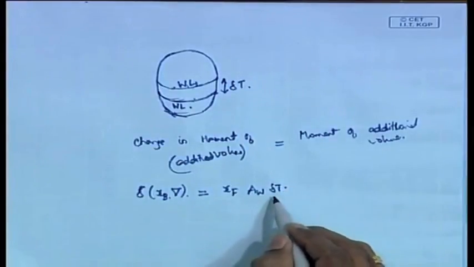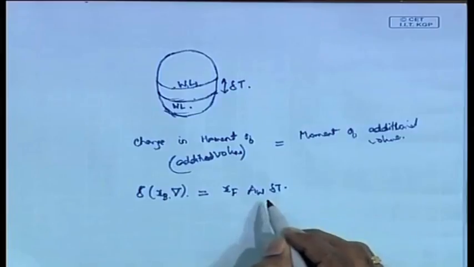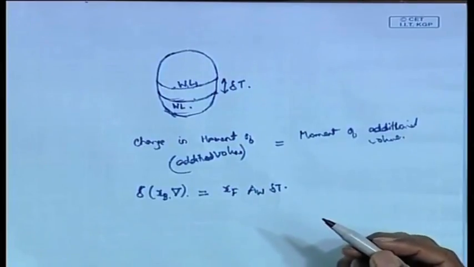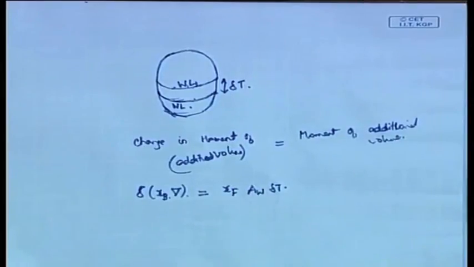Therefore, A w into delta t is the additional volume, and where does this additional volume act? The additional volume always acts at the centroid of the additional area, the centroid of this water line. The centroid of the water plane area, or the centroid of that water line area, is known as the center of flotation, x f, the center of flotation.